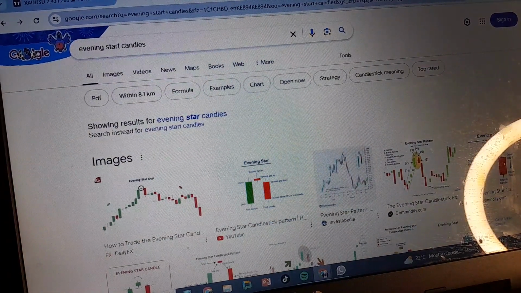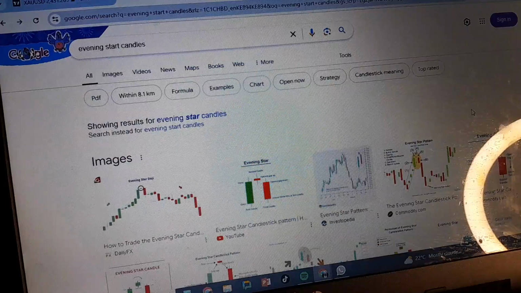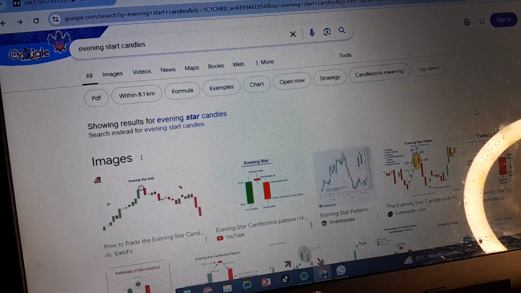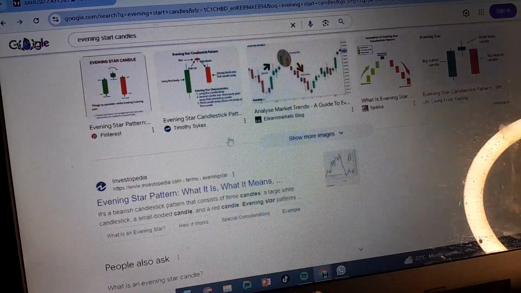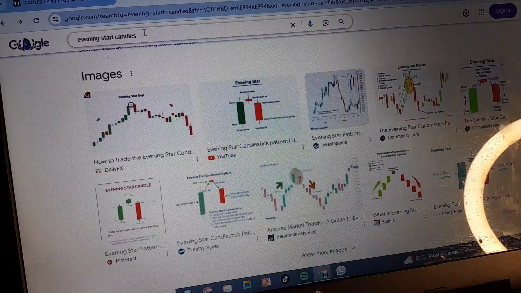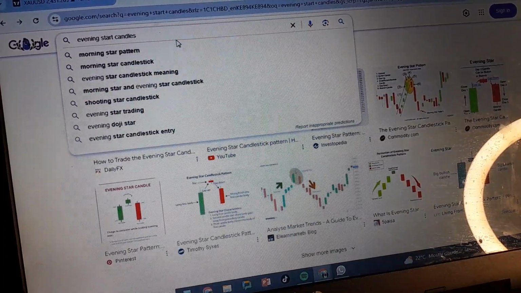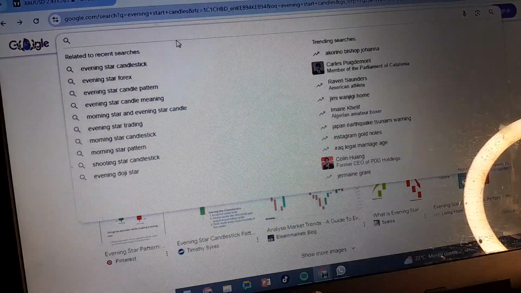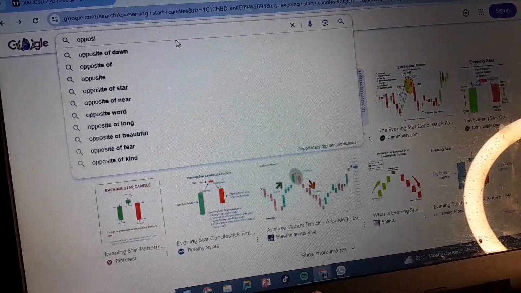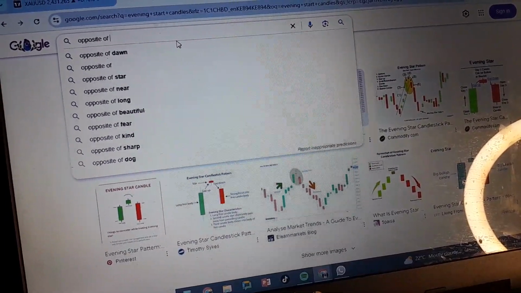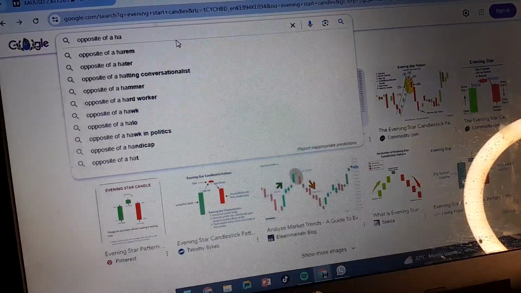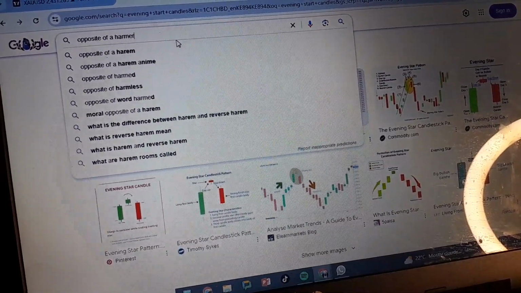Yes, so it cannot be an evening star, because for an evening star we need at least to have a doji in between, then two separate candles at the other side. But what I'm talking about is the opposite of a hammer.